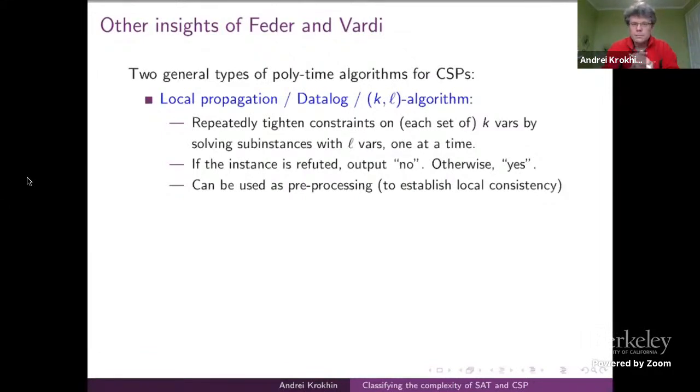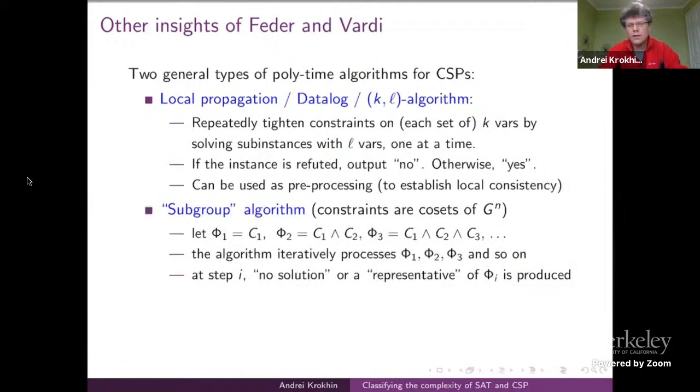So for some CSPs, this actually is a solution procedure. For some CSPs, local consistency implies global consistency. For some, but not for all. So I will discuss this later again. And by the way, this local propagation algorithm can always be used as a preprocessing for any instance. You can take any instance and make it locally consistent in polynomial time. Again, I will use this later. So this was the first type of algorithm.